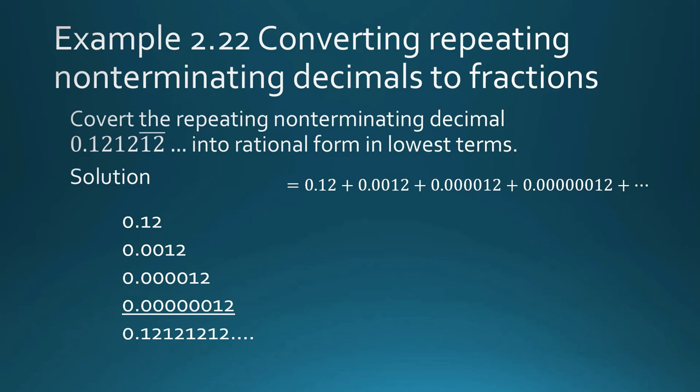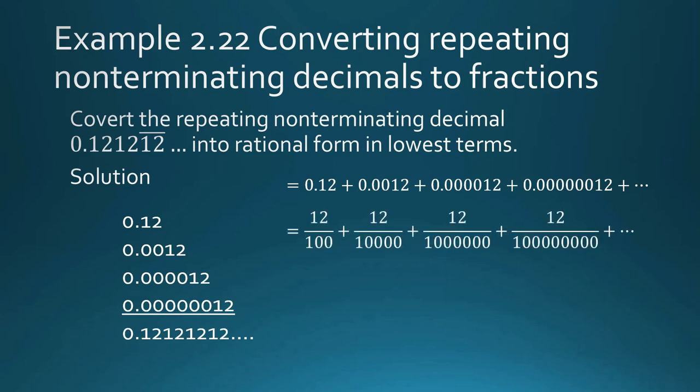Now pay attention to this. 0.12 can be written as 12 over 100 plus 0.0012, that is the same as 12 over 10,000, so on and so forth.